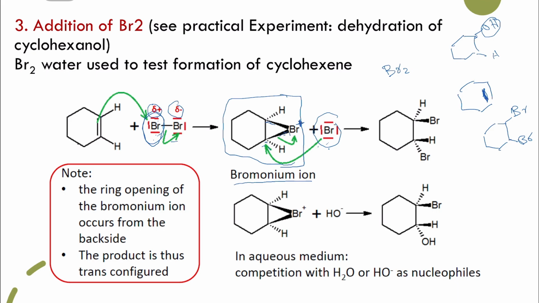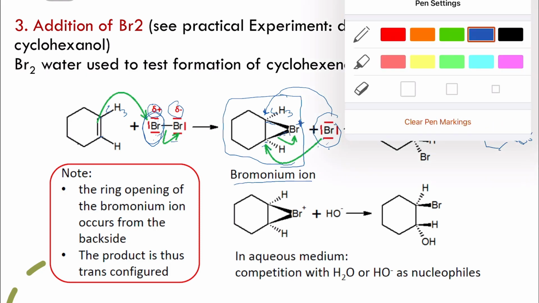Now this is cyclohexene. There's no difference between the first and the second carbon, so it doesn't make any difference. But if, let's say, this is a methyl group here, then the bromide will add itself to this carbon that has the methyl group, which has more substitution. But this is not the case here, but you also need to know that.